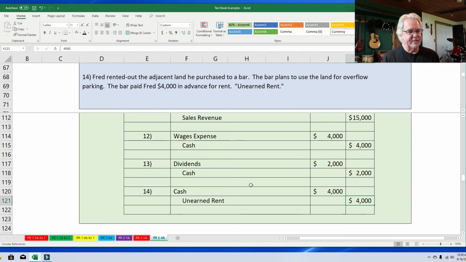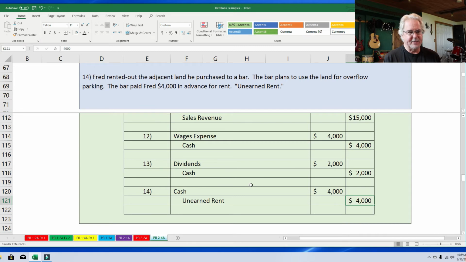So what the heck is unearned rent? Well, unearned rent, it's a liability, actually. These people from the bar, they paid Fred $4,000 in advance. So Fred owes them something. Fred has promised to let them use land, for a few months here, it sounds like. And so Fred's got to let them use that land.